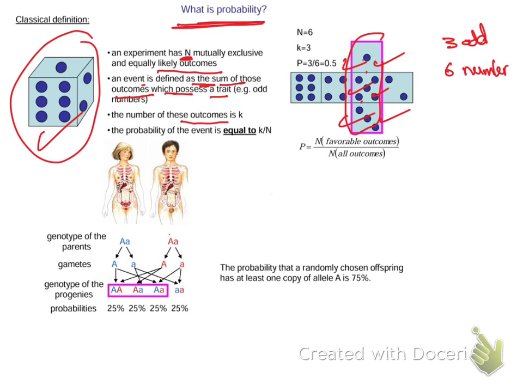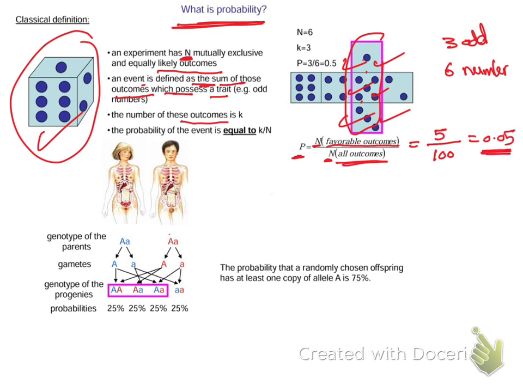So this will be at the top here. So the probability equals the number of favorable outcomes divided by the number of all possible outcomes. So if I have 5 people with green eyes, so 5. Total number of people with any color of eyes, 100, for example. So it will be 5 divided by 100, which is 0.05.